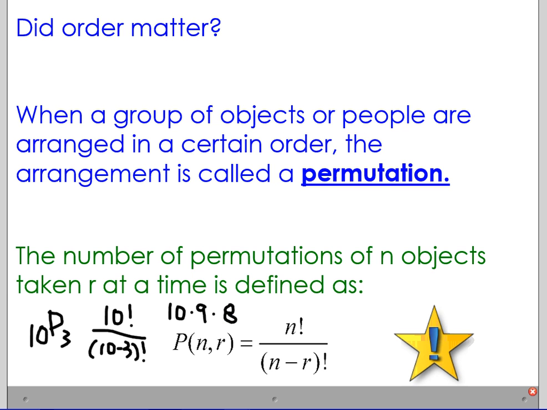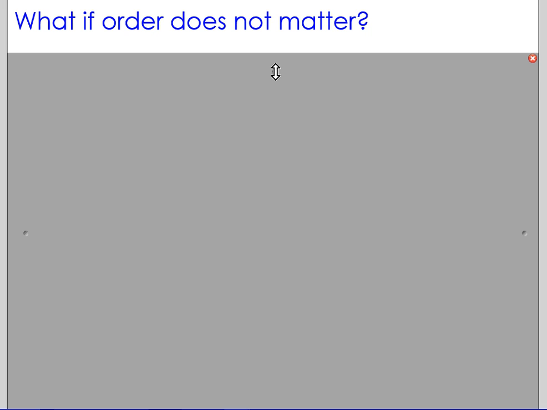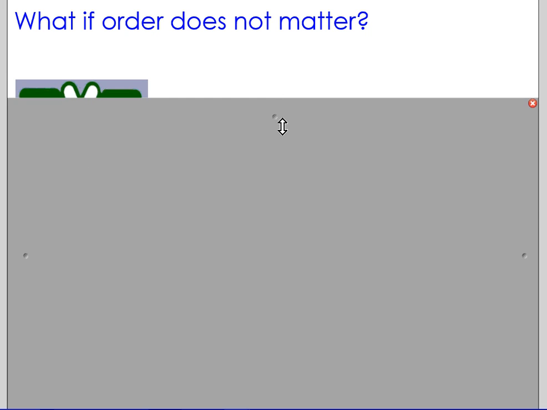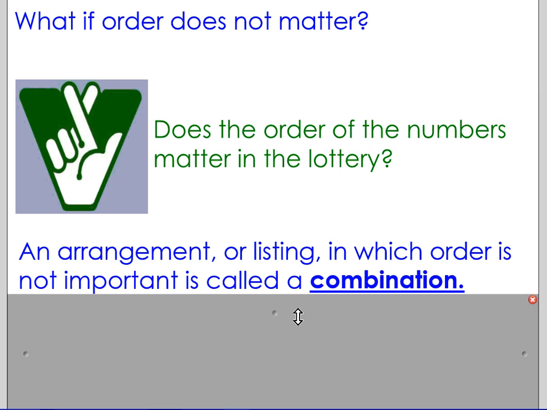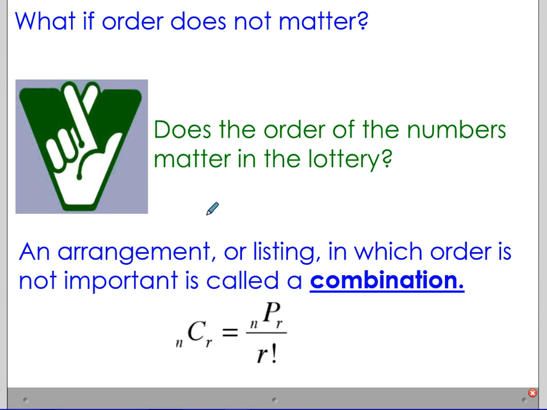Okay, so how is a combination different from a permutation? In this case, order does not matter. For example, like in the lottery, it doesn't matter what order the numbers are on a lottery ticket, just as long as you have them, okay?